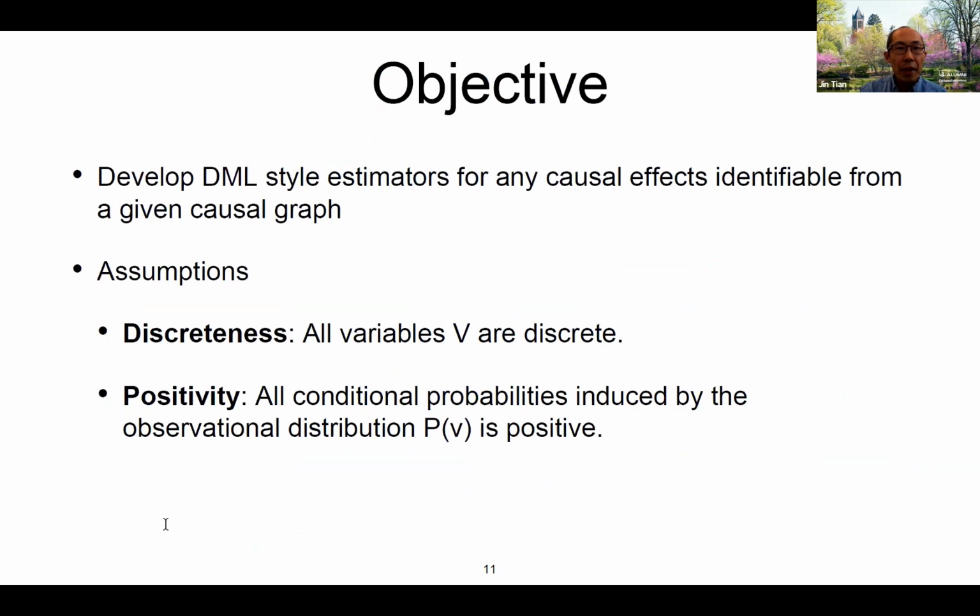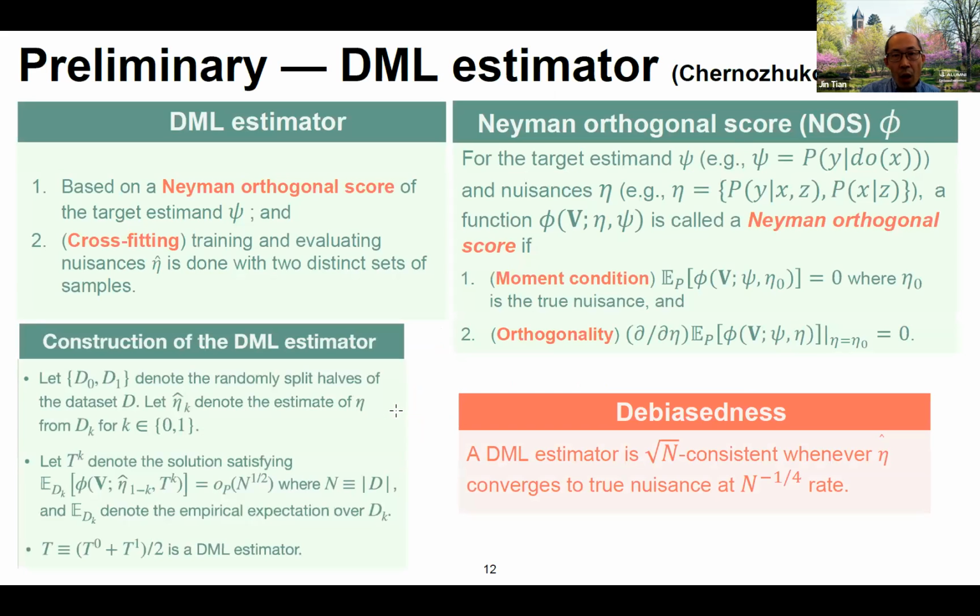So the objective of this work is that we would like to develop DML style estimators for any causal effect identifiable from a given causal graph. And we are going to assume that all the variables are discrete and all the conditional probabilities are positive. We will follow the recipe given by the work of Chernozhukov.